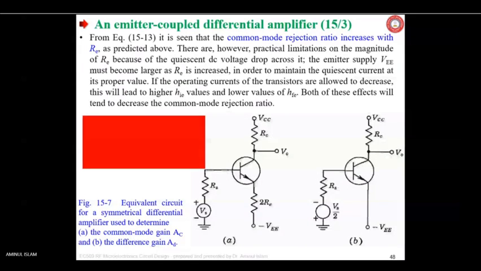Now, we are discussing an emitter coupled differential amplifier. Further, what you can see from this discussion?